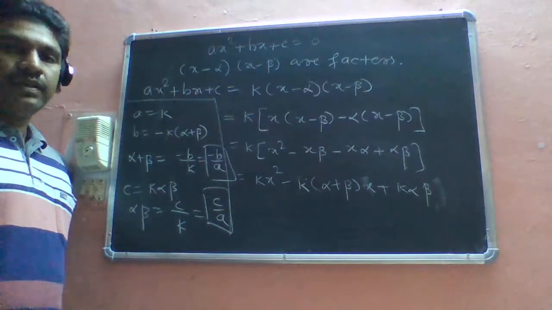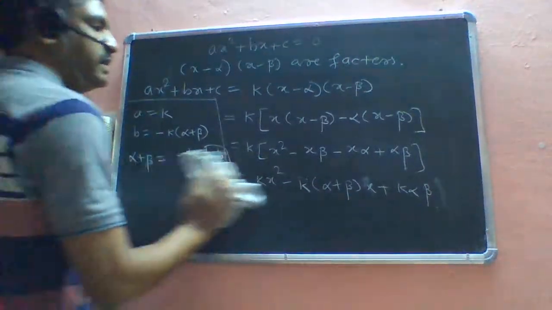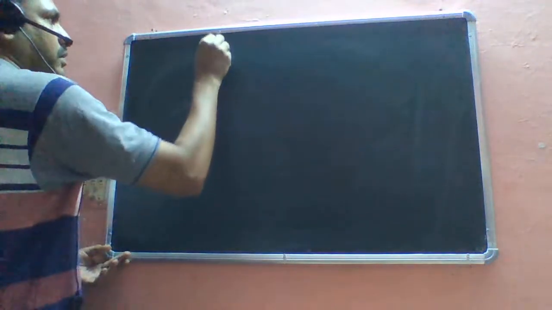Okay. Now further, after this I would like to show you the division algorithm. What is division algorithm? This is the relationship between zeros and coefficient, division algorithm for polynomial.